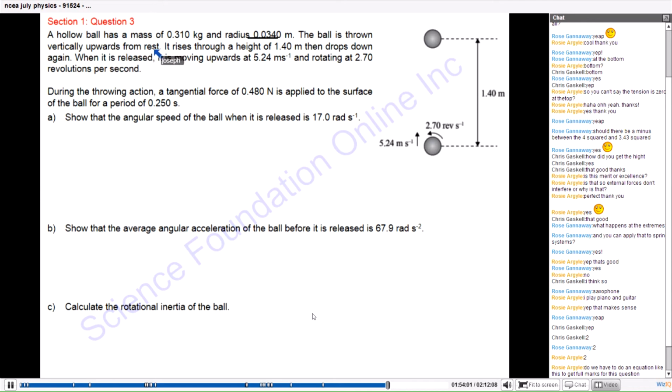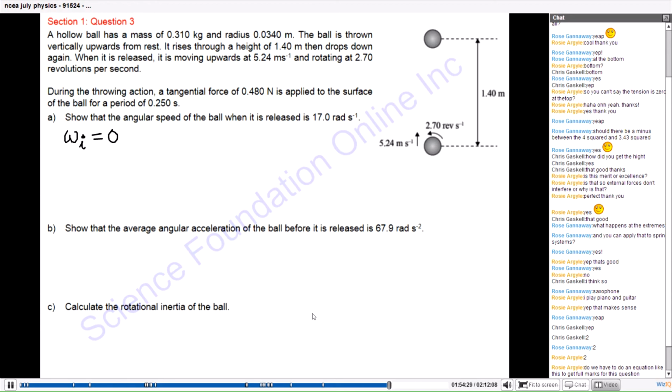It wasn't rotating and it wasn't having translational velocity. So the initial angular velocity omega is 0. The final angular velocity is 2.70 revolutions per second. And I can write it like this: omega initial angular velocity is equal to 0.